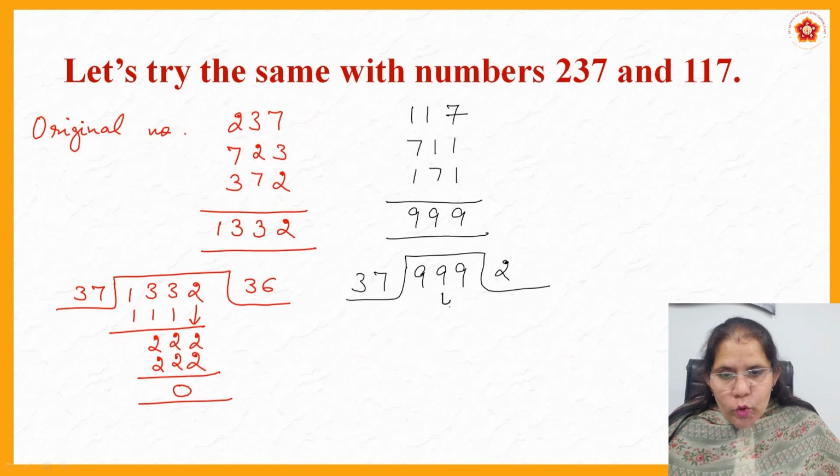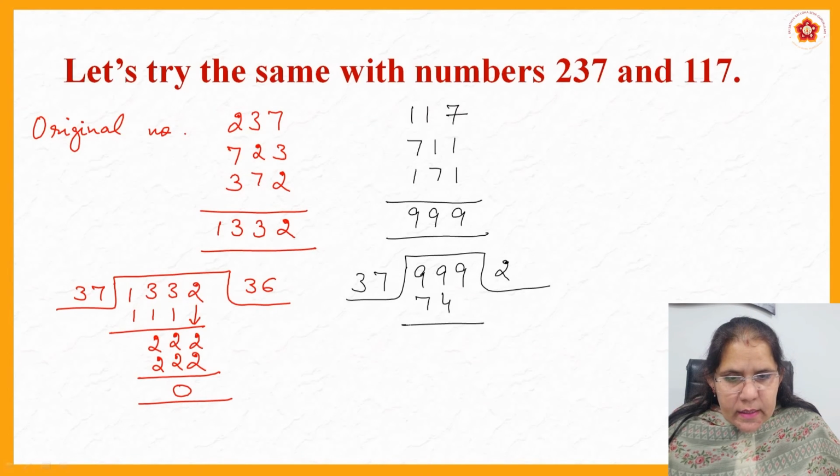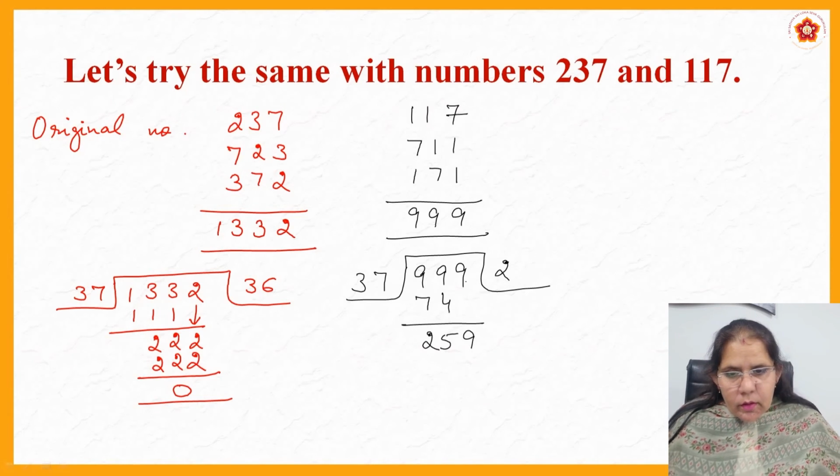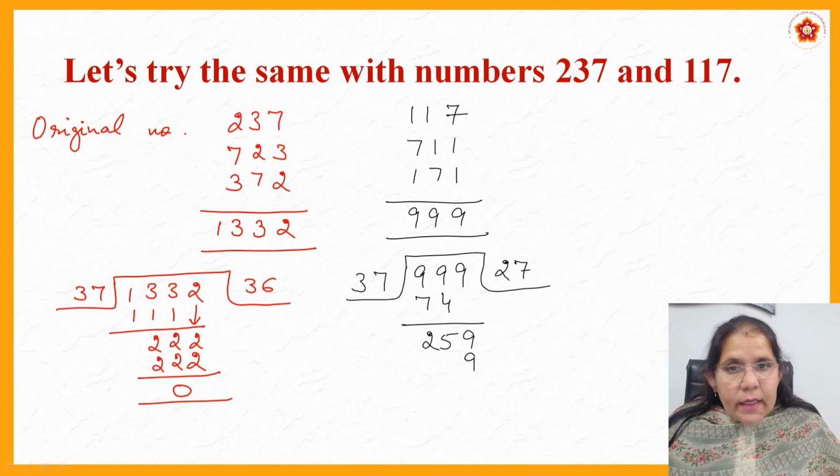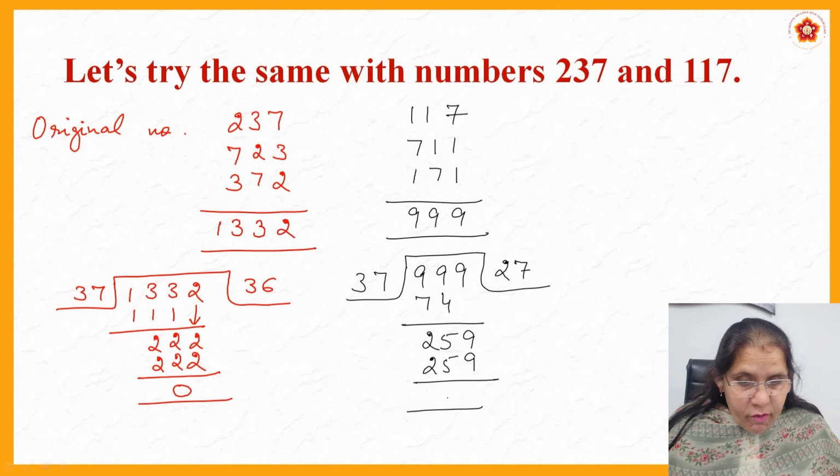Let's do it by 2. 2 sevens are 14. 1 carry. 2 threes are 6 plus 1 is 7. Subtract. Let's do it by 7. 7 sevens are 49. 4 carry. 7 threes are 21. 21 plus 4 is 25.